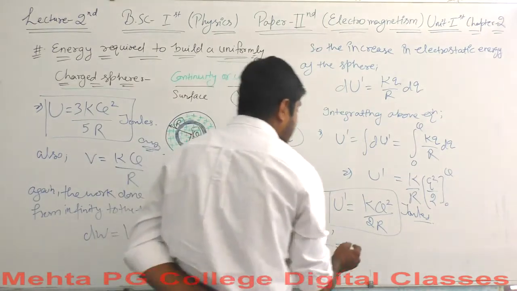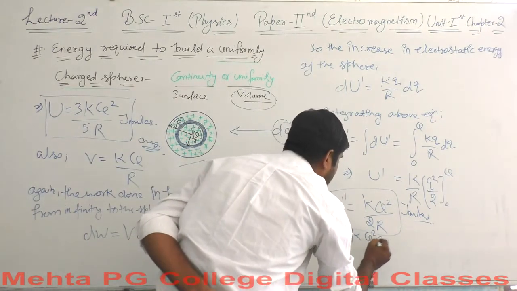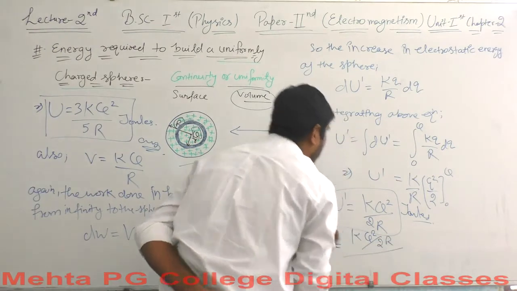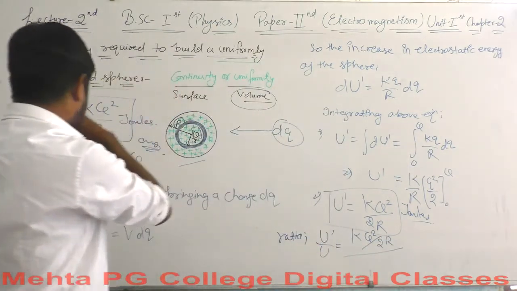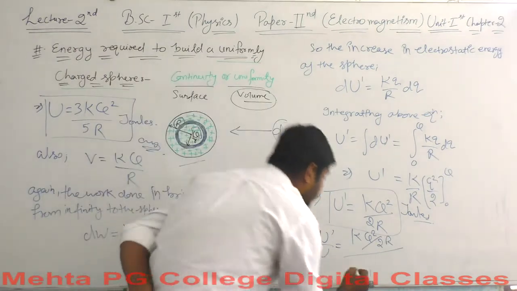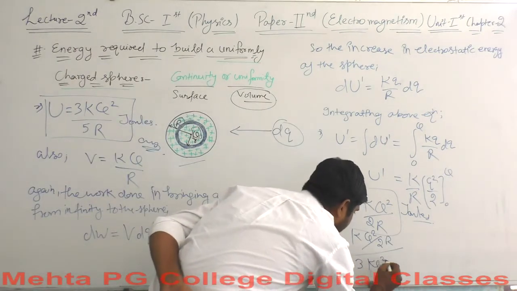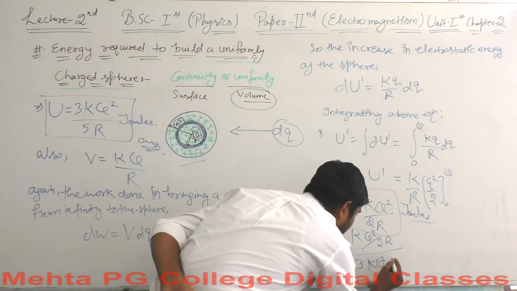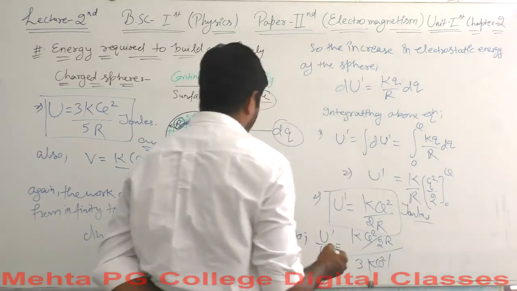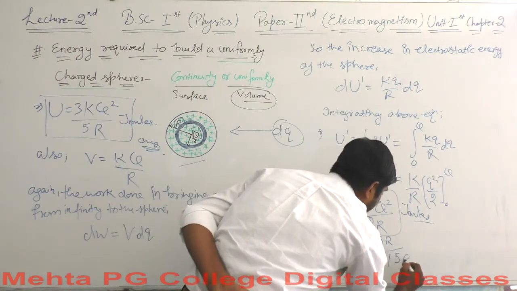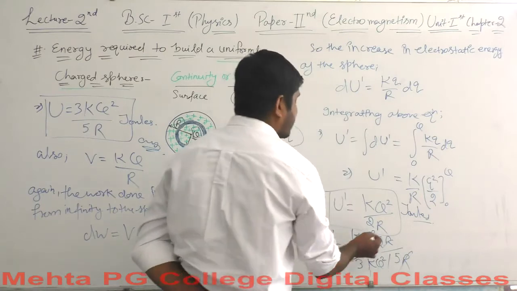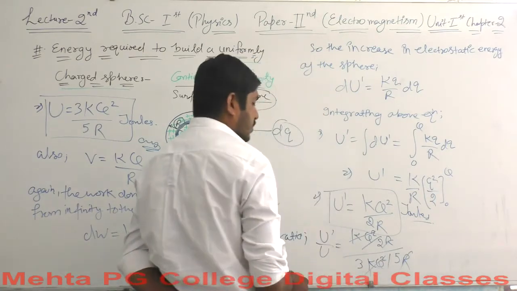So the values, let's say this is kQ square over 2r, upon 3kq square over 5r. R has been cancelled by r, kq square has been cancelled by kq square.